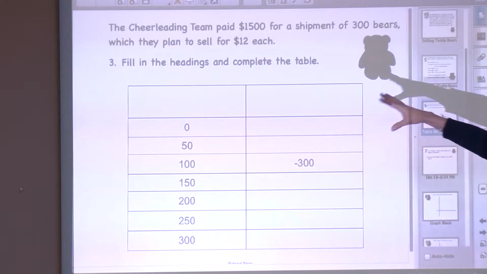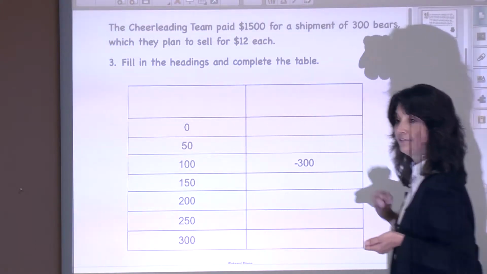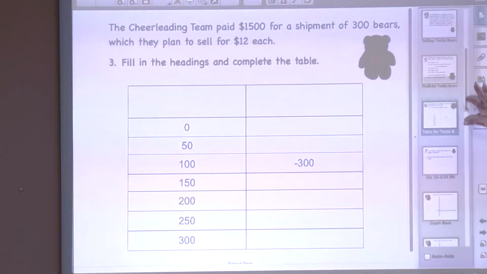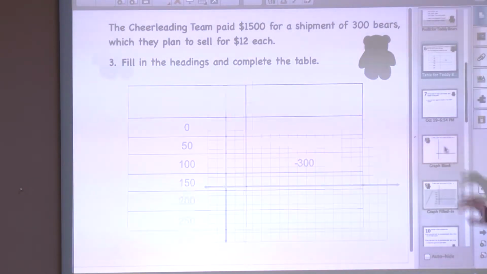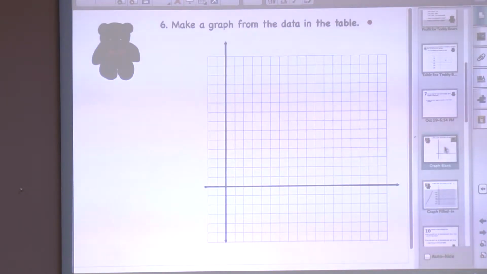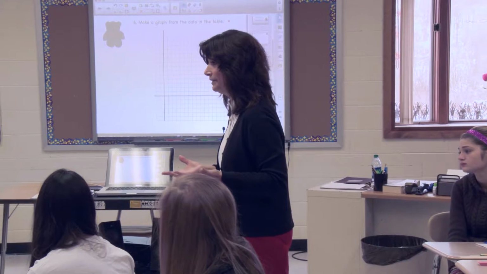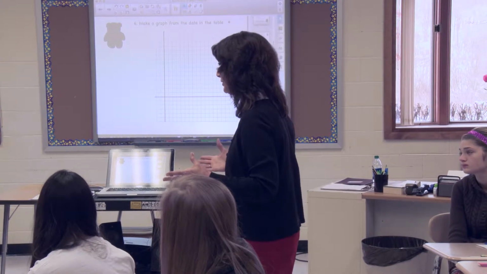I did put headings here, so you're going to fill that in. Besides answering the questions, you're going to graph it. The question you're going to try to answer for them is that they have a goal of making $1,000, and you're going to figure out how many teddy bears they need to sell to make that goal. Does everyone understand what to do?